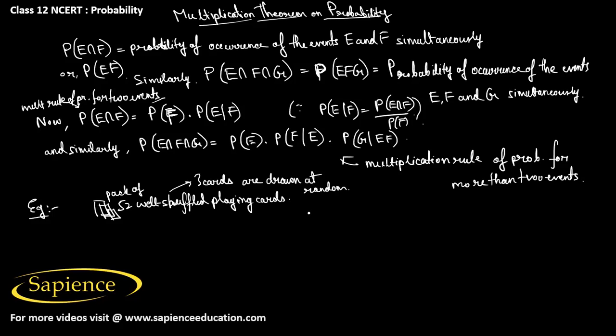Then what is the probability that the first two cards are kings and the third card drawn is an ace?